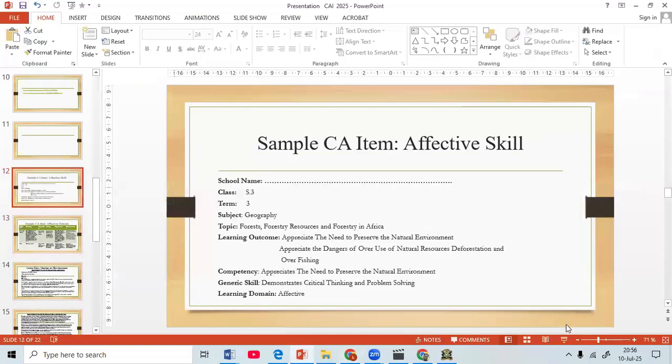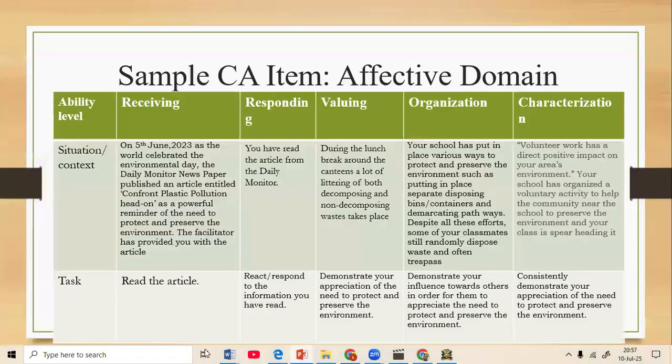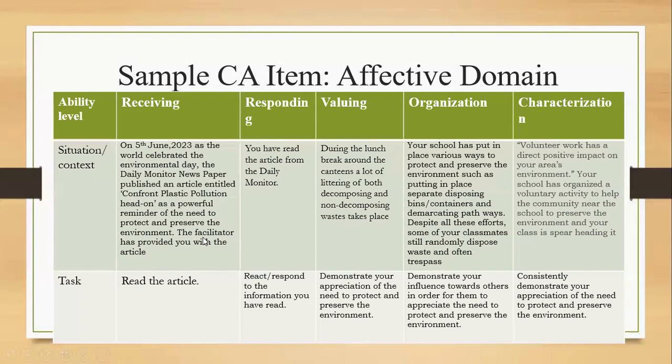How does the CAI we are talking about look? This is an example of one of the CAIs using the affective domain. Remember, we have different ability levels, basically five. Under receiving, the child must first get the information related to what you want this child to talk about.